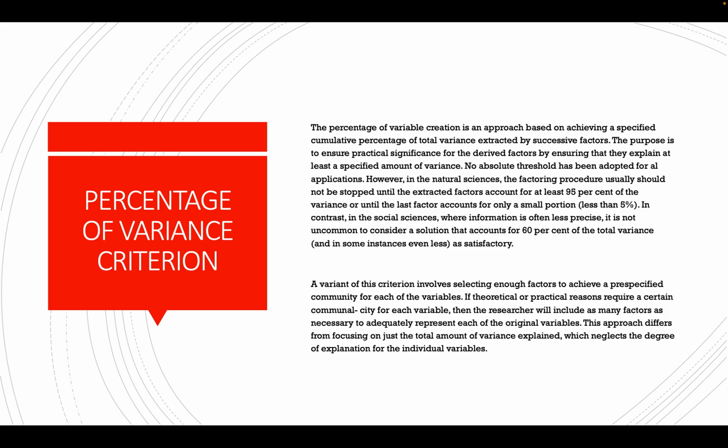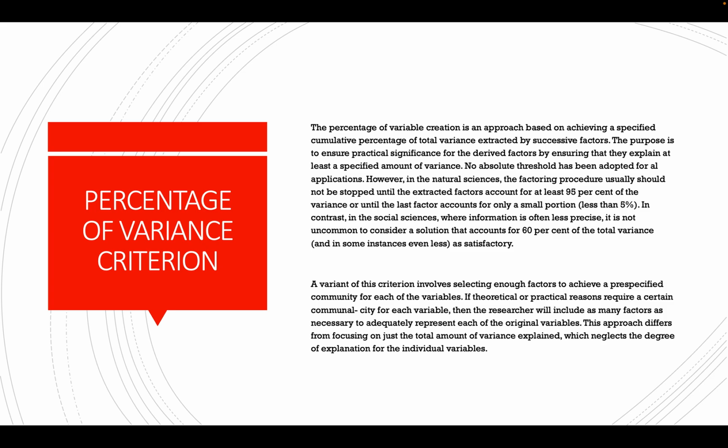Percentage of variance criterion. The percentage of variance criterion is an approach based on achieving a specified cumulative percentage of total variance extracted by successive factors. The purpose is to ensure practical significance for the derived factors by ensuring that they explain at least a specified amount of variance.